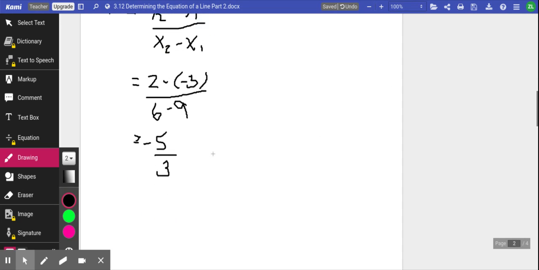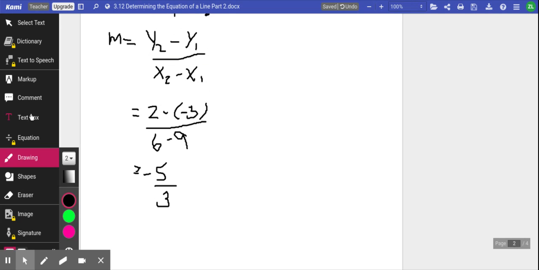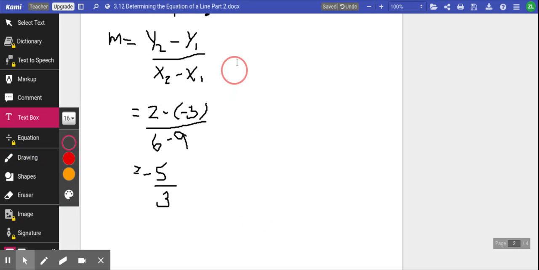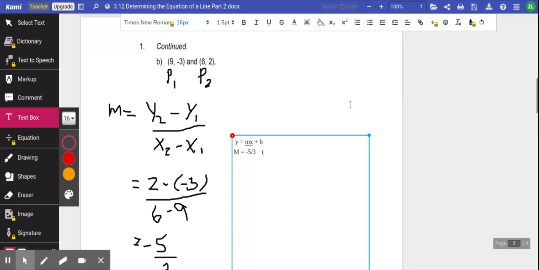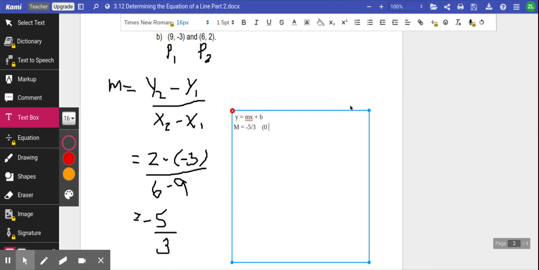If we carry on with this to finish the rest, it will look something like this. So we know y equals mx plus b. We know that m is equal to negative 5 over 3. And then we have an x and a y point. If we just use our first coordinate, 9 and negative 3, we know that x is equal to 9 and y is equal to negative 3.